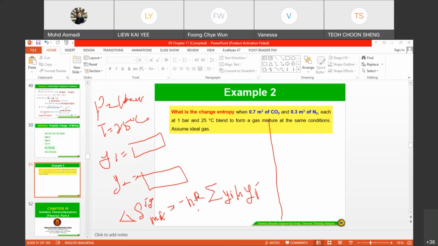If you look here, there is a number of moles. So please calculate the number of moles. PV divided by RT determines the number of moles.